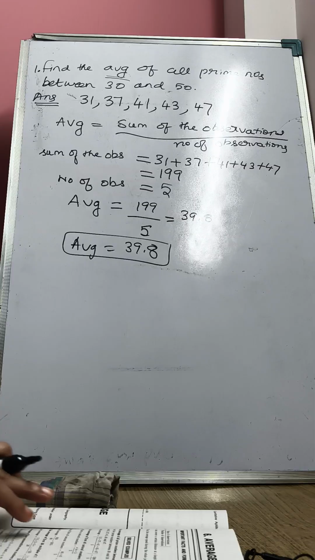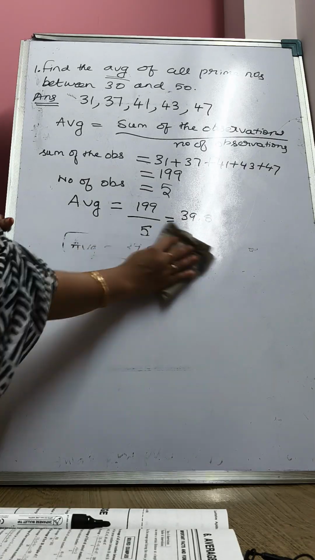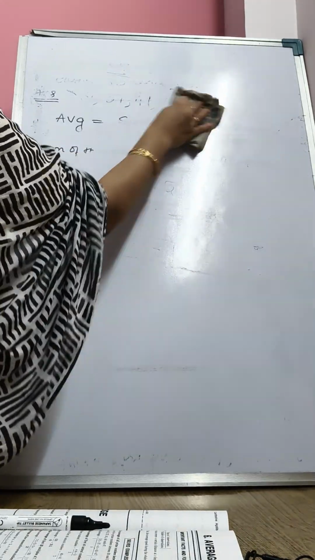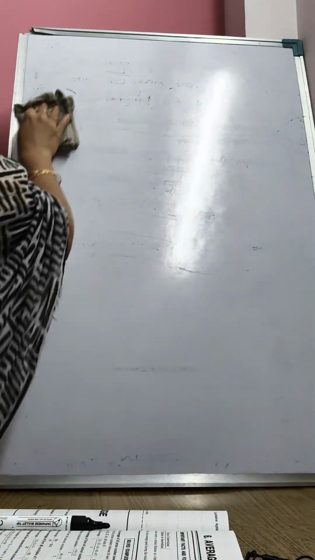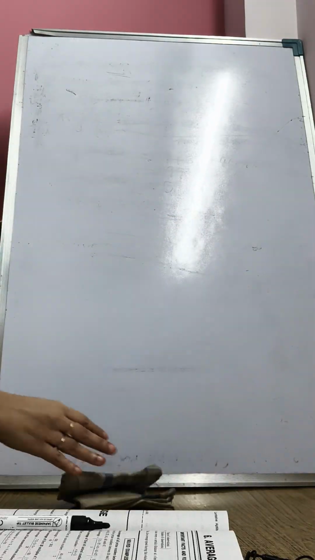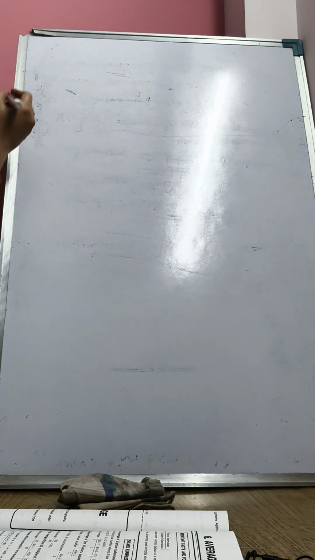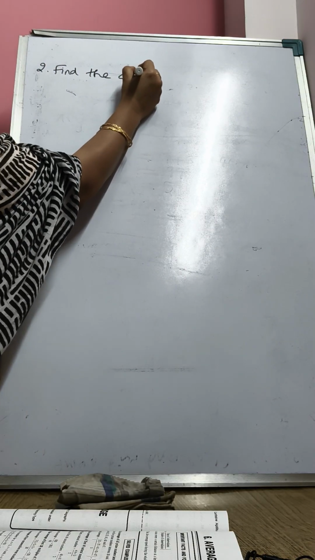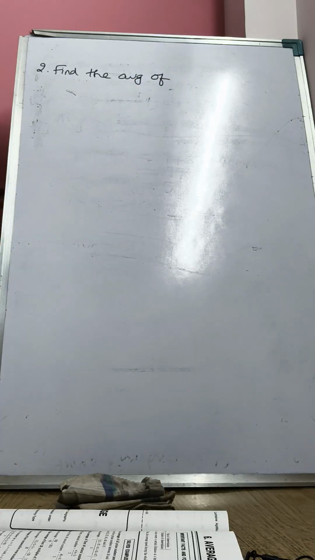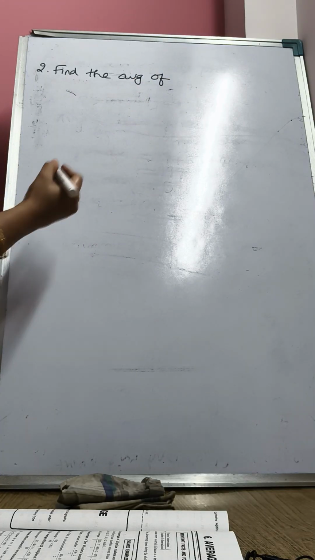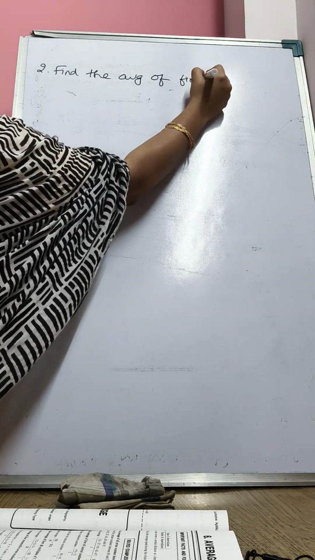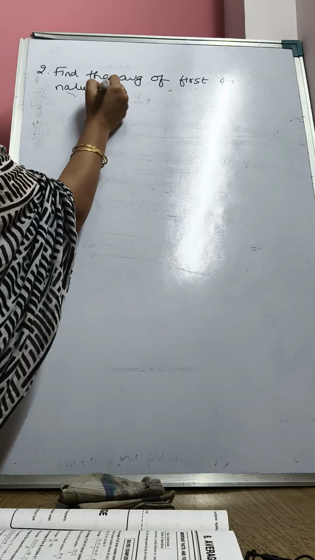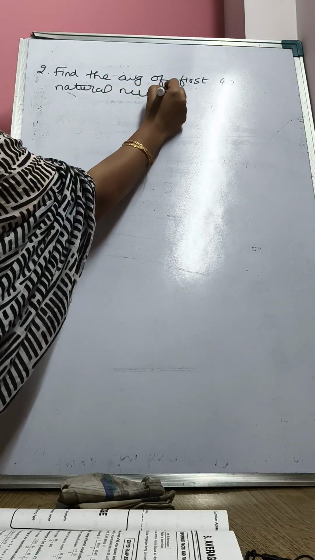Okay. Now let us move on to the second problem. Find the average of first 40 natural numbers.